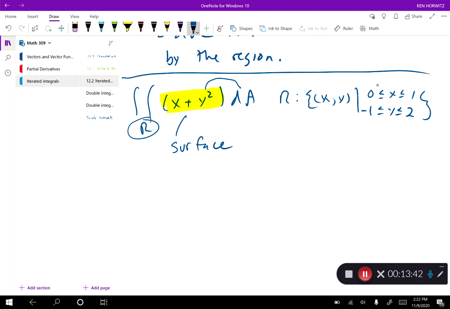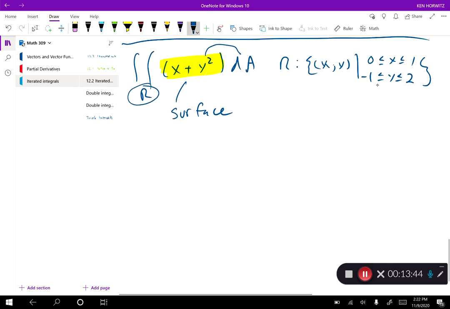So I'm going to set it up the way I think it should be, which is I'm going to integrate across the x first. I like zeros. Zeros make for nice plugins. So I want to do that first. So y equals -1, y equals 2, x equals 0, x equals 1.